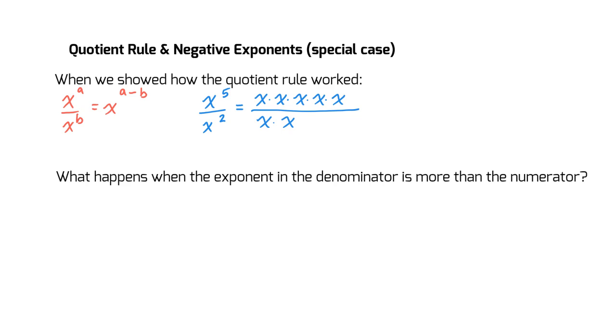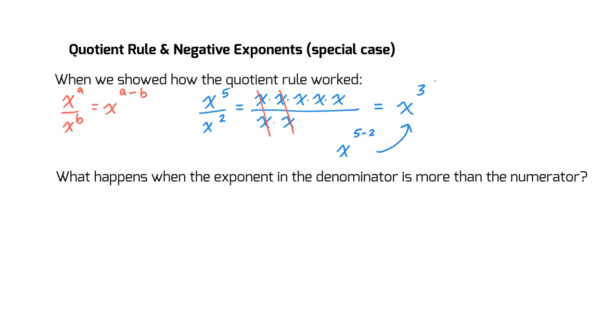Because we can cancel like terms, x divided by x is 1. X divided by x is 1. 1 times any number is going to give you the same number back. So really, we are just left with 3 x's in the numerator, which is the same as saying x to the power 5 minus 2.